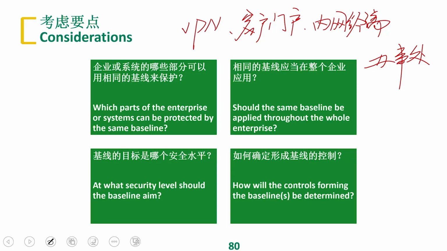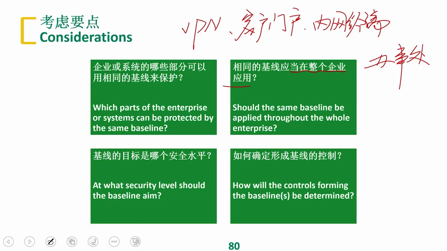But you will find that in this case, the possibility of bringing in viruses or data leakage from the VPN will be higher, which is a problem. Actually, no matter which direction you come from, the requirements for the path to access data are the same. This is what we call the need for security baseline synchronization across the entire enterprise.